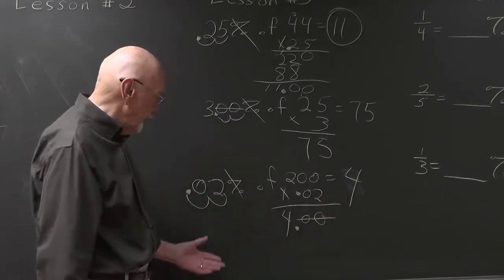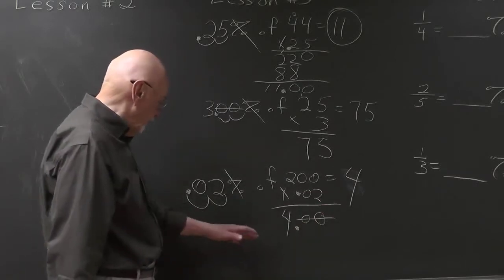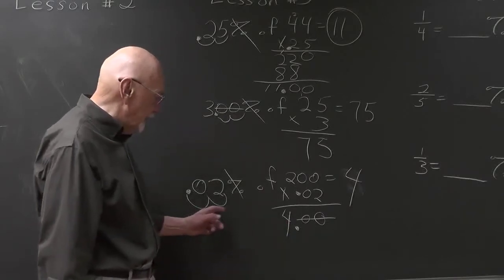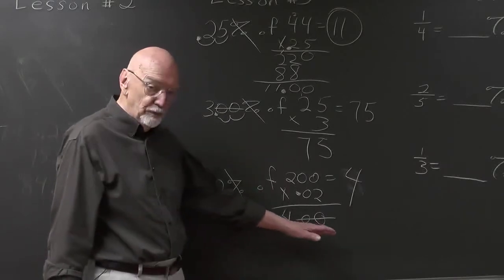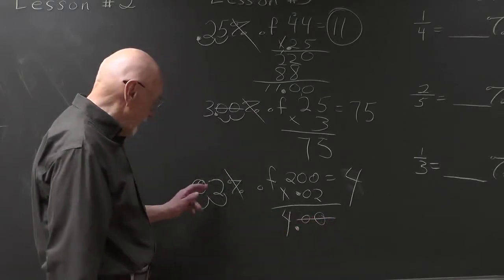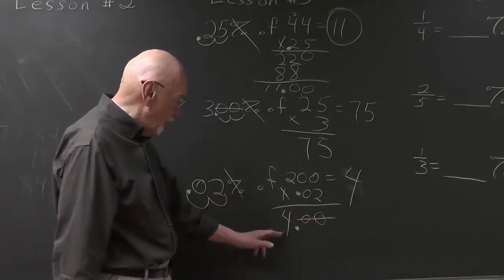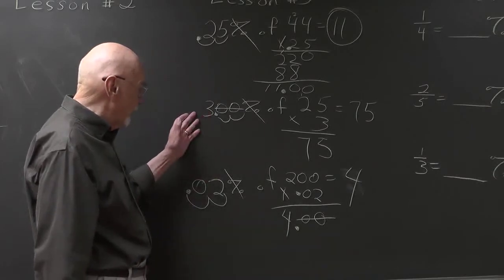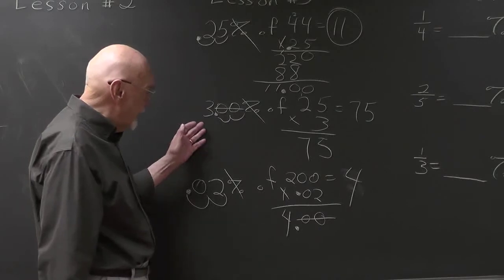Makes sense. If you end up with 400, when you were trying to take 2% of 200, the decimal point is obviously in the wrong place. Okay? A small percentage, a small answer. Here we have a big percentage, 300%.